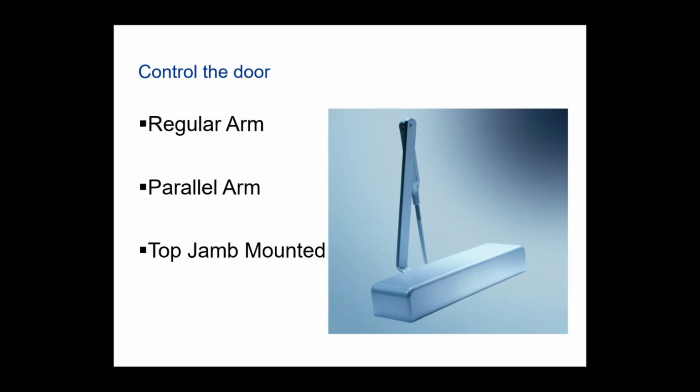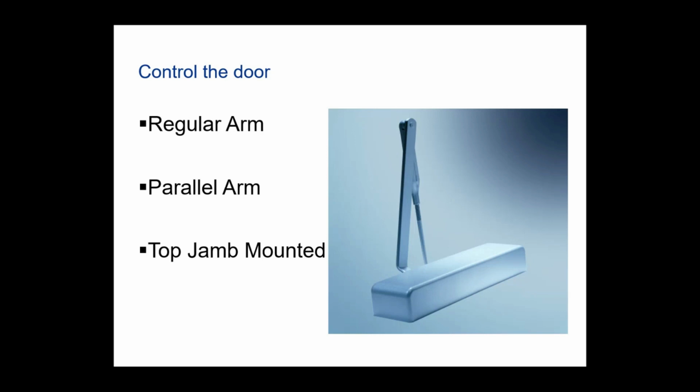Now, if you want to install a regular arm on the push side of an opening, let's say it's for an exterior use or something like that, and due to limitations, you didn't have a parallel arm, or you didn't have a blade stop reinforcement, or the frame just would not allow it, you can install a closer flipped to where the body is installed at the face of the frame, and the arm is installed on the door.